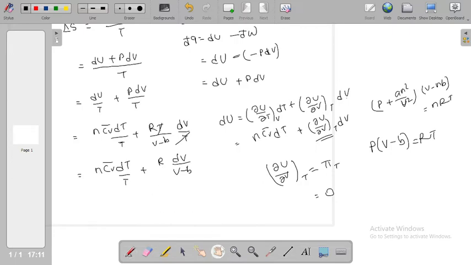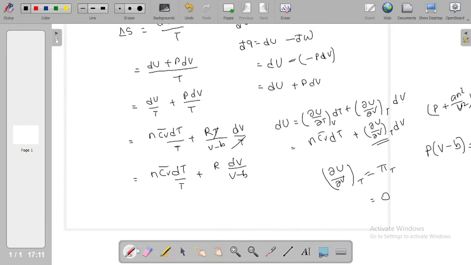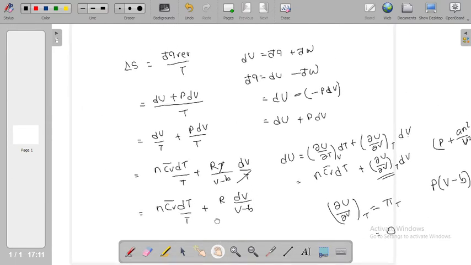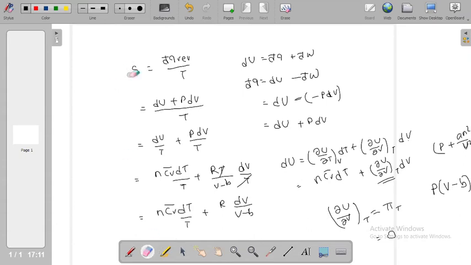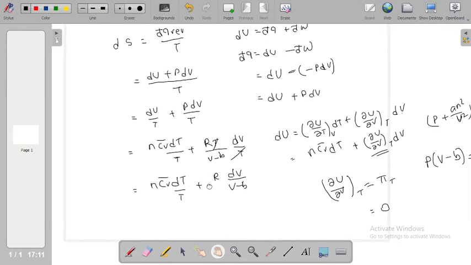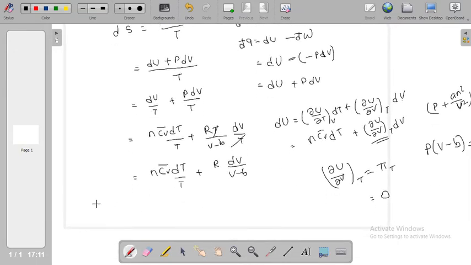Now it is time to integrate. This will be dS. If we integrate dS, we get delta S, as it is a state function. It will be n Cv bar, integration of dT by T from T1 to T2.